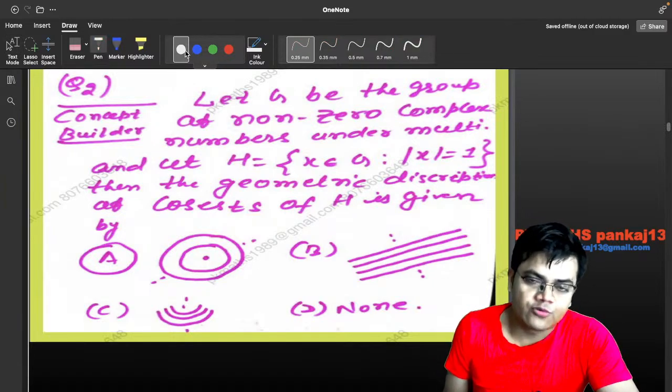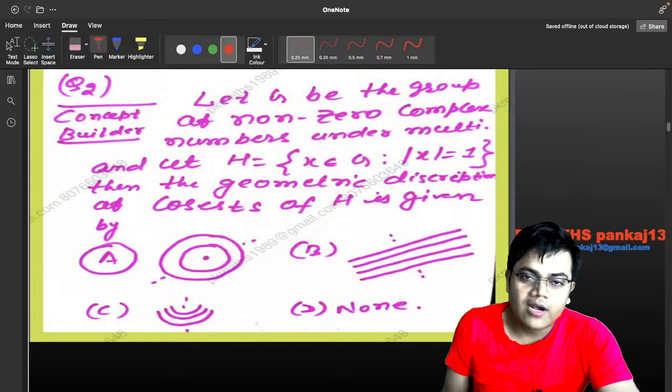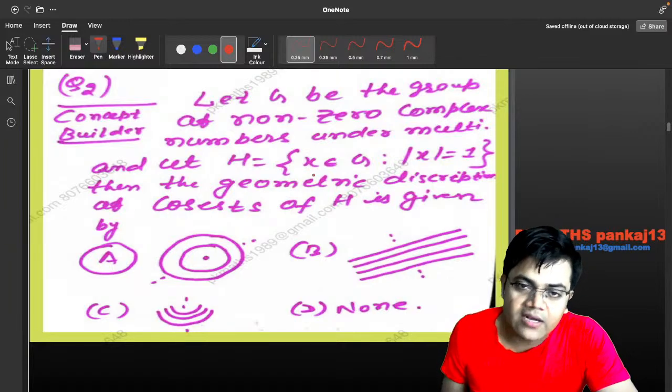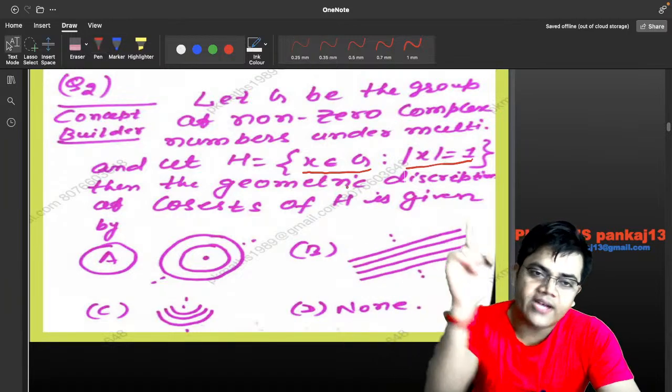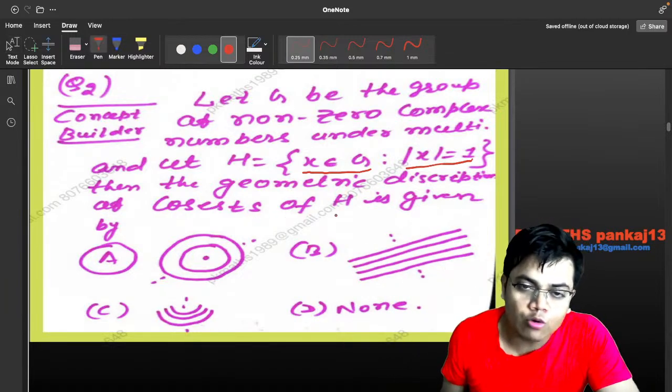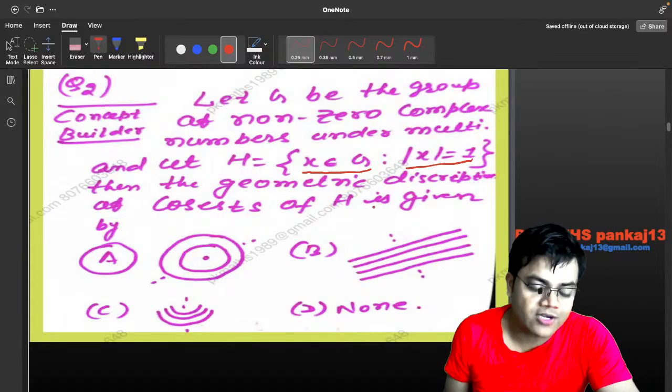Intuitively you will be able to say the answer within seconds, but will you really do it? So let G be a group of non-zero complex numbers under multiplication, and H is the set of x from G such that mod x is equal to 1. Then what is the geometric description of the quotients of H? What would you like to say?